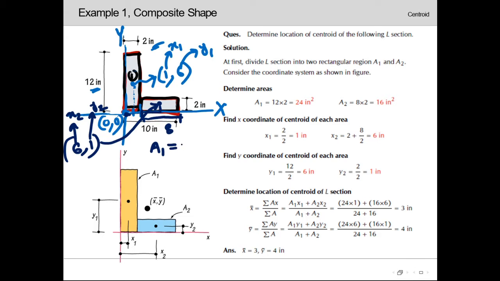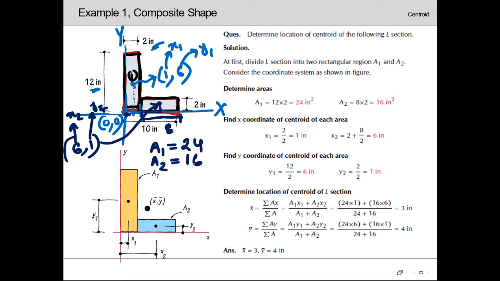The area will be 2 inch times 12 inch, which is 2 times 12, meaning 24. And for segment 2, denoting it with A2, the area will be 2 times 8, which is 16. So we have got A1, A2, x1, y1, x2, y2.